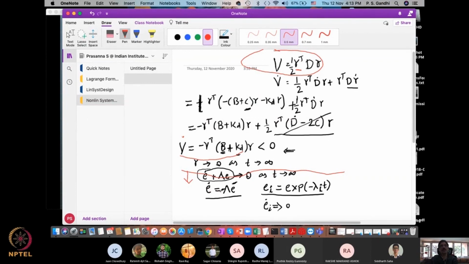That means e dot will tend to minus lambda e, and based on the solution, one can conclude that each of the components of error, or the entire error considered as a vector, would proceed to 0 as t tends to infinity. Okay, so that is the idea that we built in here.